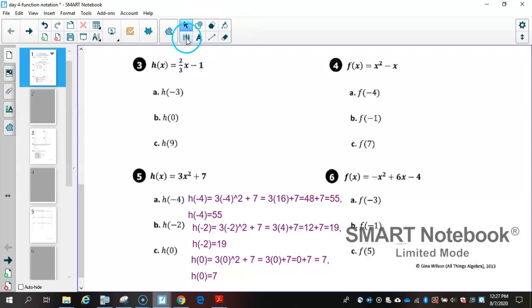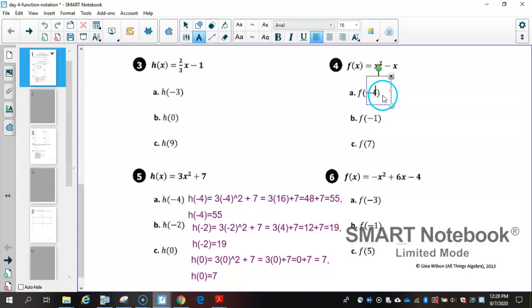So because we did this one in the calculator, I'm just going to go ahead and type what these values equaled instead of putting everything in and solving for it. So this one equaled 20, this one equaled 2, and this one equaled 42.